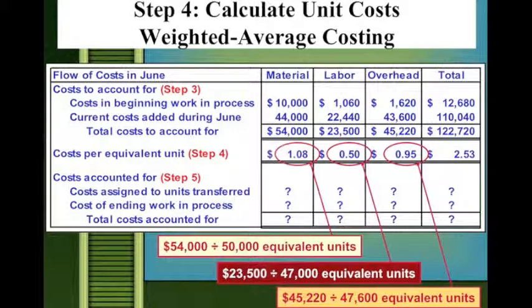We just took the material from the work in process and also the incurred cost during June, and it just gave us those. So we just added up.